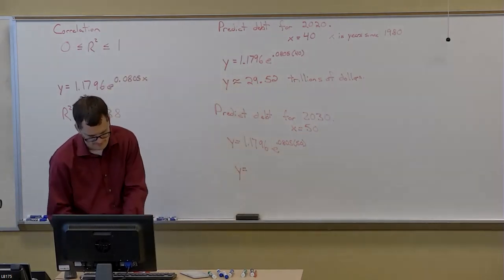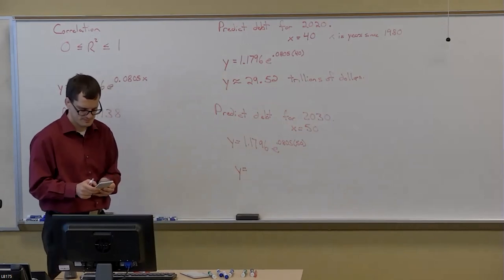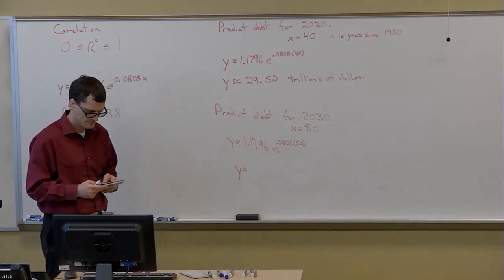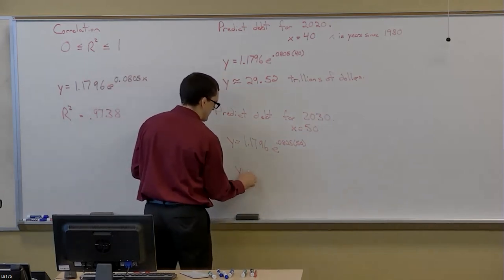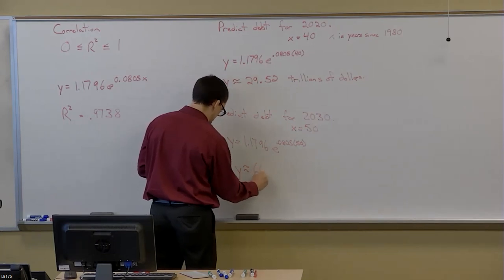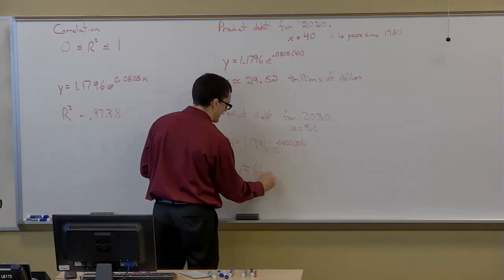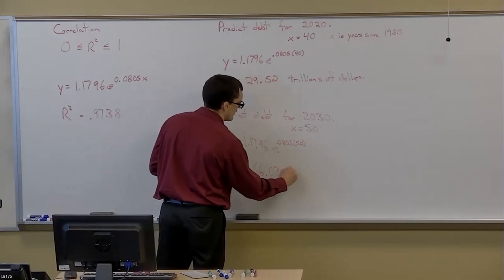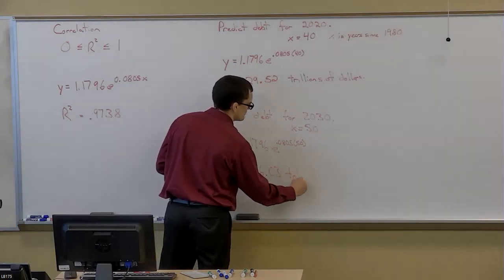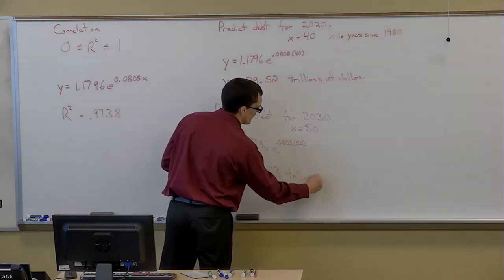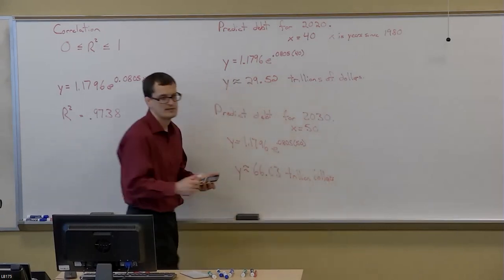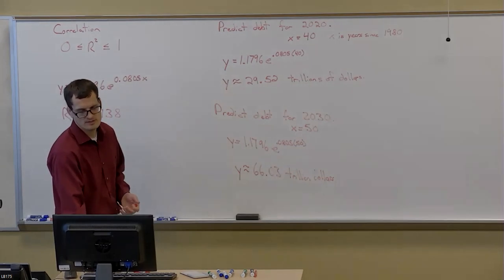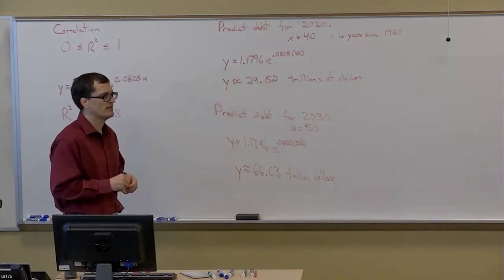Once again, just type that in my calculator. And it ends up, again rounding to 2 decimal places, at about 66.03 trillion dollars. $66.03 trillion.